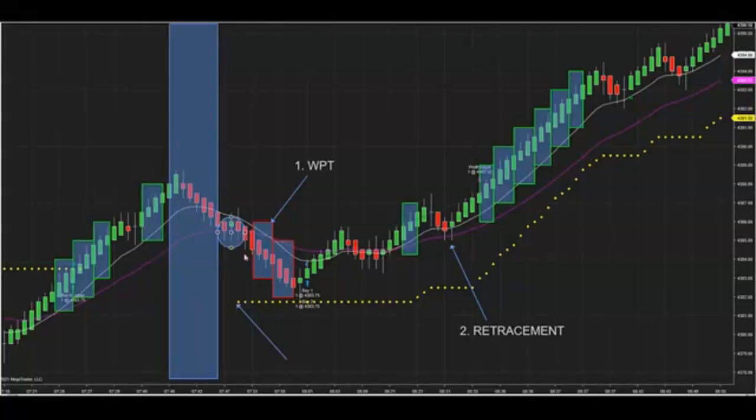We do not want to take longs when that first triangle formed. That's just telling the algorithm that we are going to look for pullback trades on a WPT or a retracement trade. We don't necessarily want to get long or short here when the first triangle forms, because that's just telling the ATR to start printing. It's telling the algorithm to start printing dots with price.